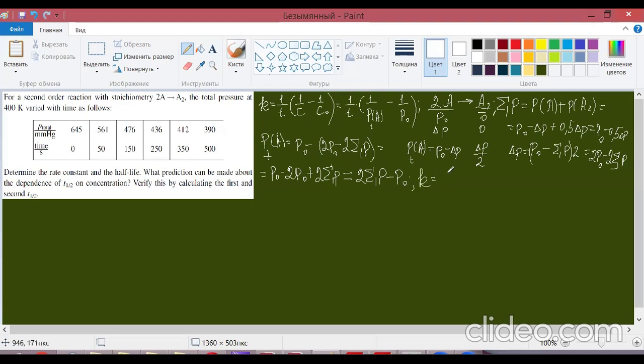That means that k equals 1/2 times 1 over double sigma P minus P0 minus P0, which means P0 minus double sigma P plus P0, double P0 minus double sigma P. We put 2 out of the round brackets.